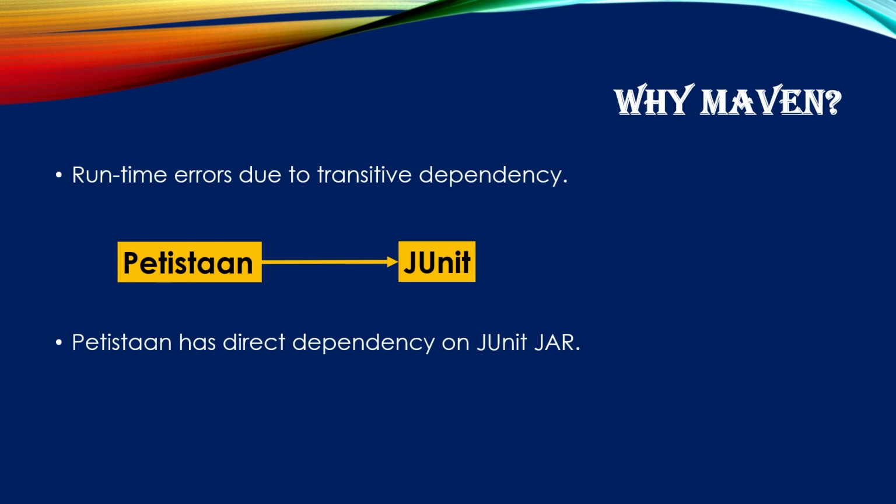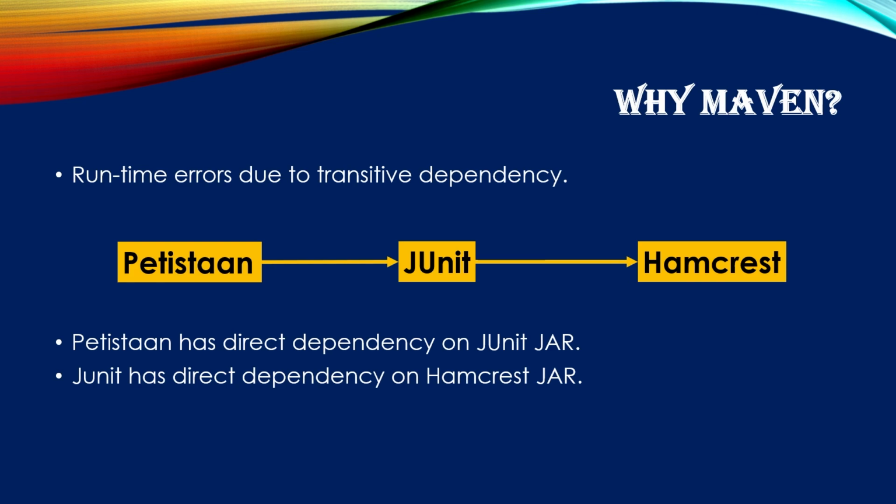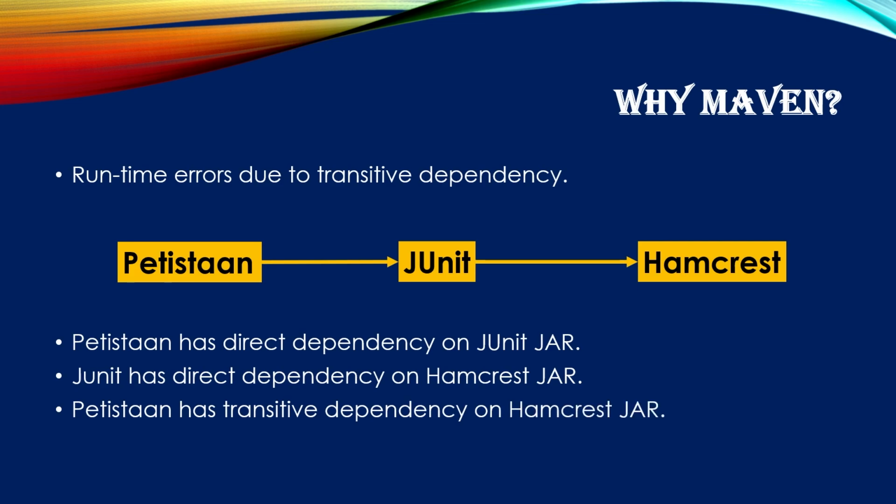But when I run the code again it will throw an error, because JUnit further depends on Hamcrest. So in order to run my code, I need to download two different jar files, JUnit and Hamcrest also. So I will say my Petistaan does not have a direct dependency on Hamcrest, but an indirect, or transitive, dependency on Hamcrest.